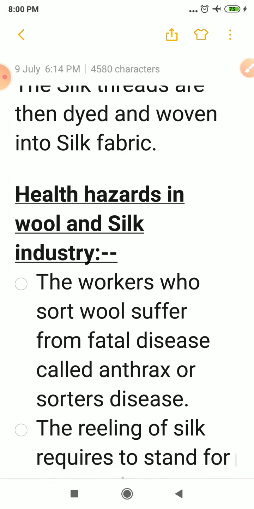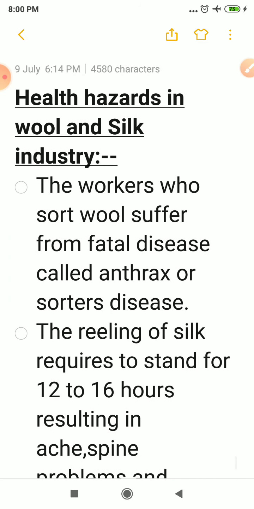There are some health hazards in the wool and silk industry. The people who work in the silk and wool industry, after working for some time, their health starts deteriorating because they become sick with a special kind of disease. What are the health hazards in the wool and silk industry?